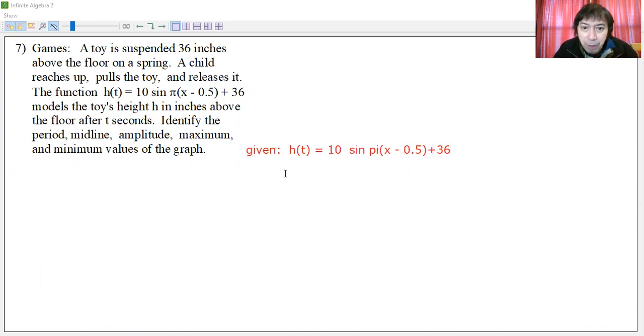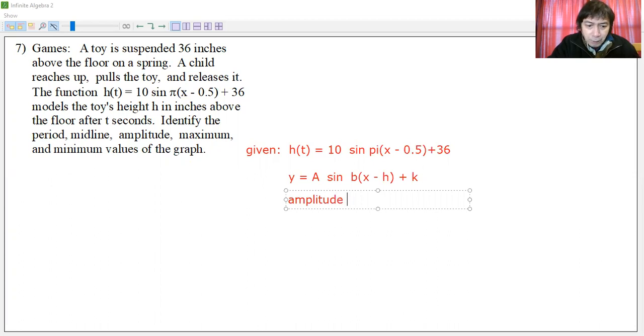If we compare this with our equation, y is equal to capital A sine b (x minus h) plus k, then compare each letter. We have our amplitude A. Amplitude A must be 10, and the unit will be inches.